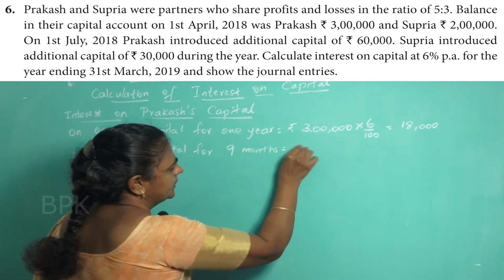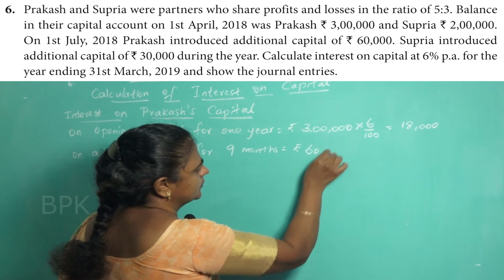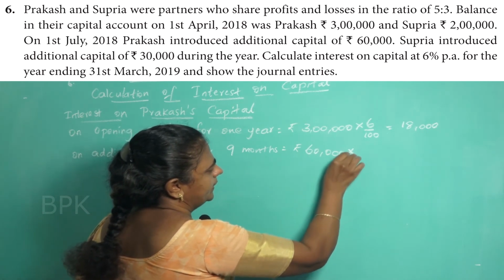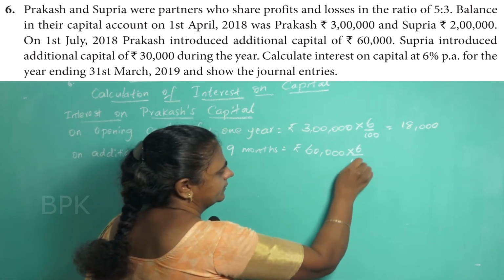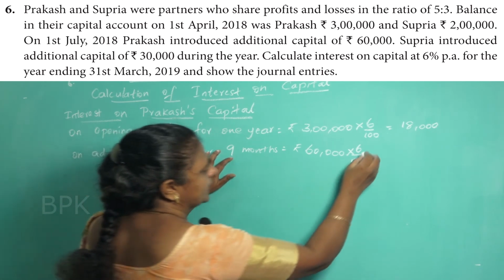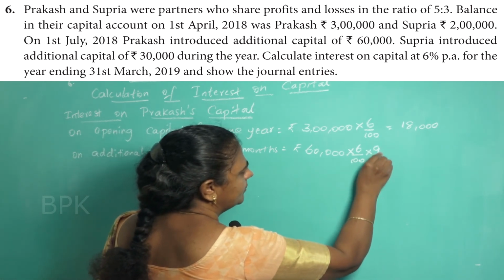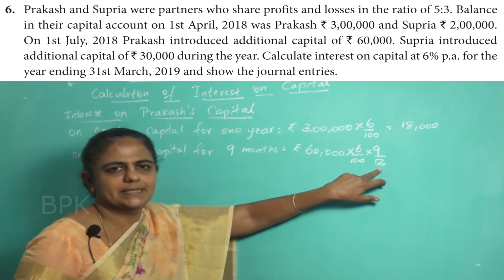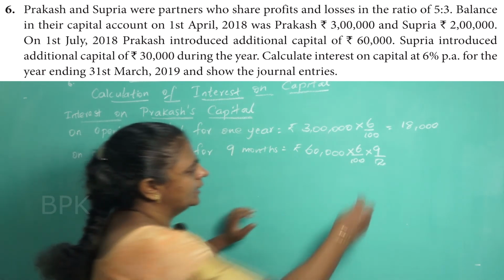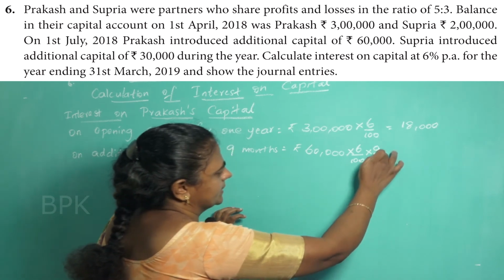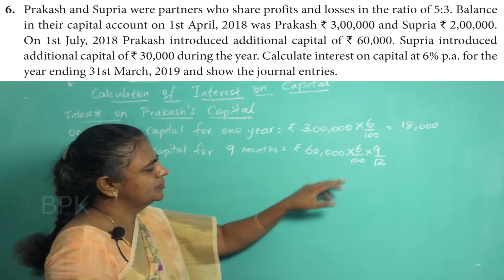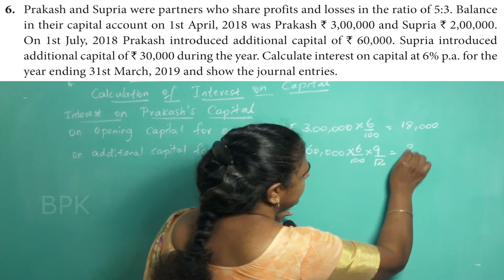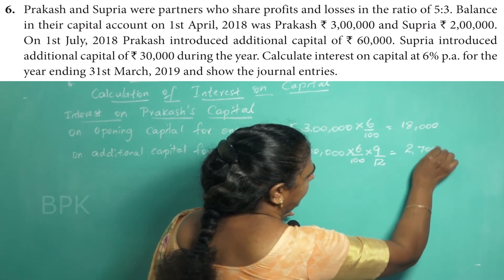That additional capital he has introduced is 60,000 and the rate of interest is 6 by 100 and for how many months? 9 months. So what you have to do? 9 by 12. What is this 12? 1 year contains 12 months. Okay, but I am going to calculate only for 9 months. So that will give you 2,700.